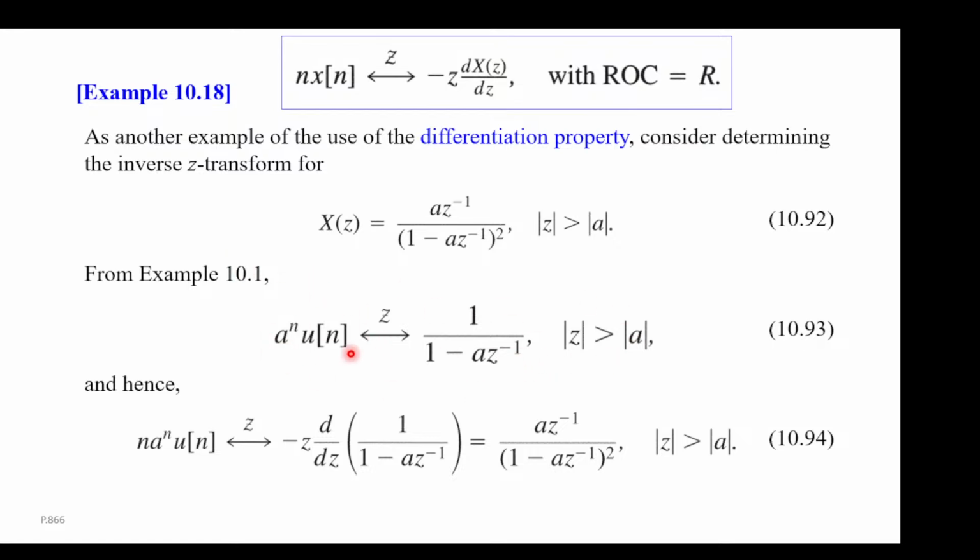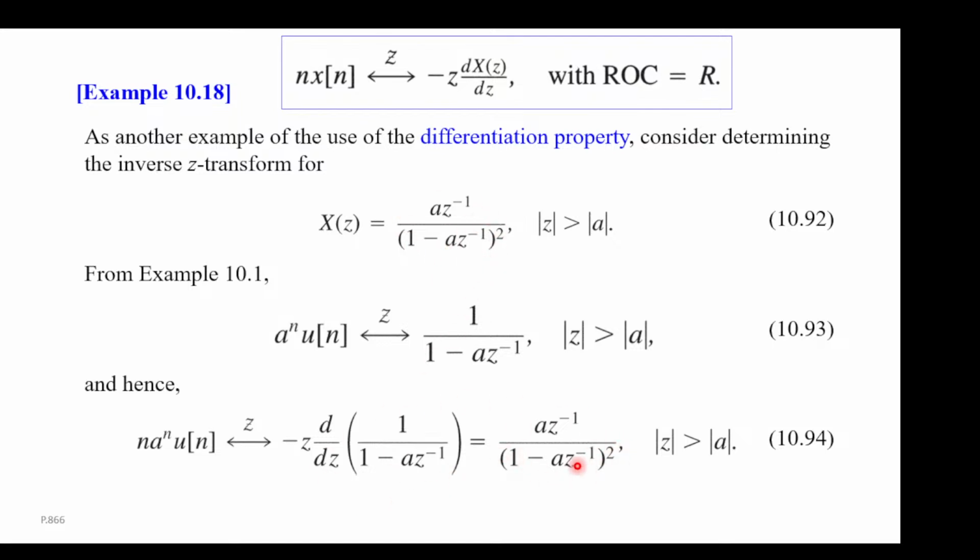In example 10.1, we have a to the n u of n transforming to 1 over 1 minus a z minus 1, with ROC z greater than a. We take a d over da on this side, and times minus z, and then we see why we have this here, because this is exactly what we got here.